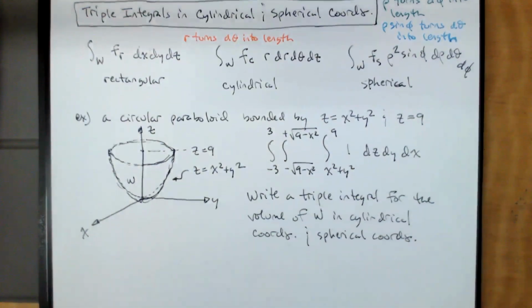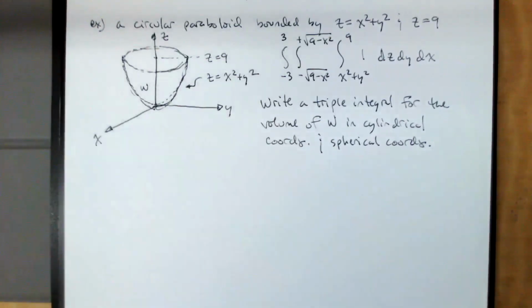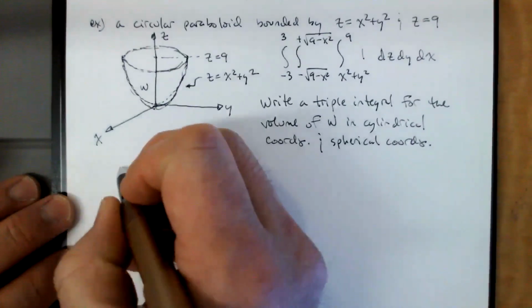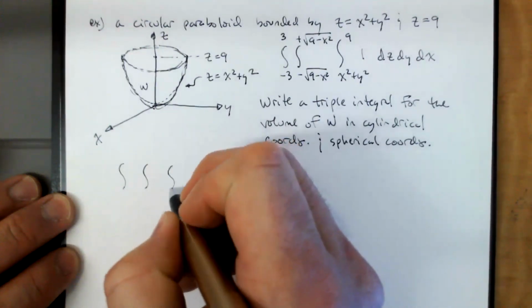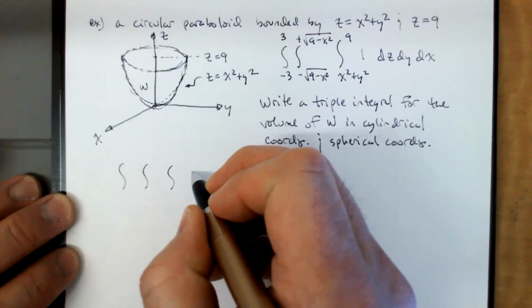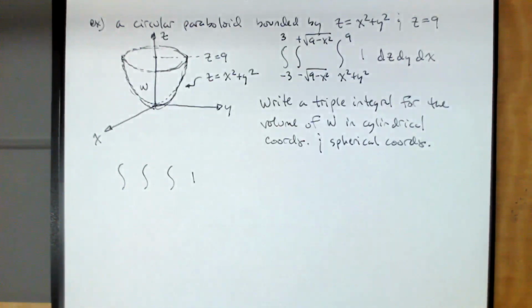So in cylindrical coordinates, we're going to integrate the function 1 to get a volume, but included in the dV is the factor r.